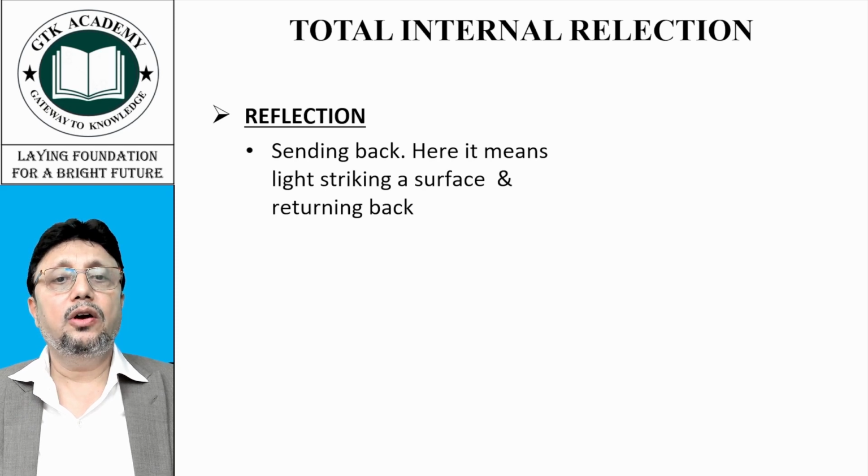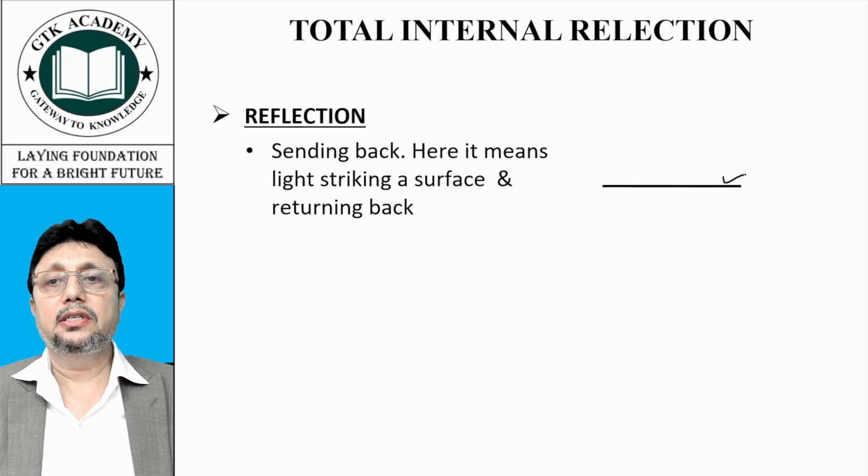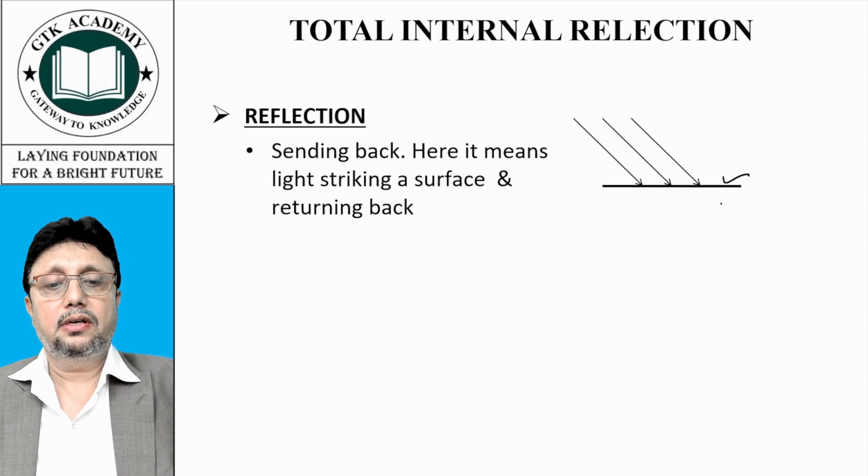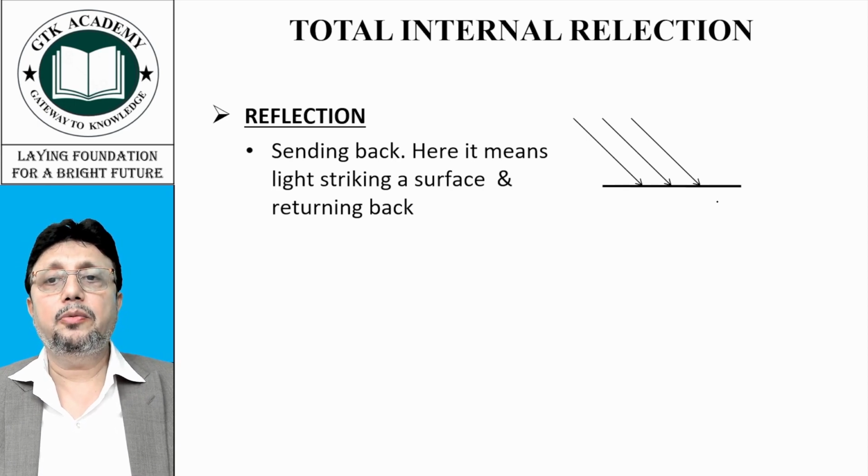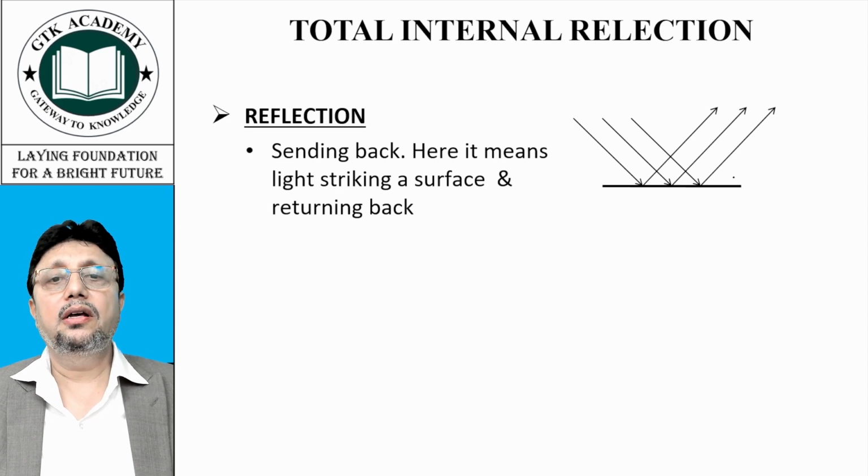That means if a light is striking a surface and returns back, then it is called reflection. This is a surface, for example. The light rays are falling like this and they are sent back like this. So this is called reflection.